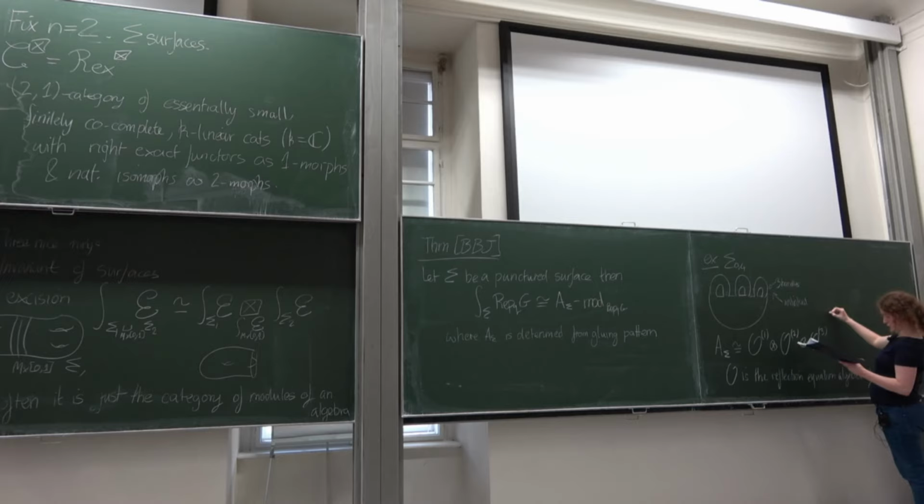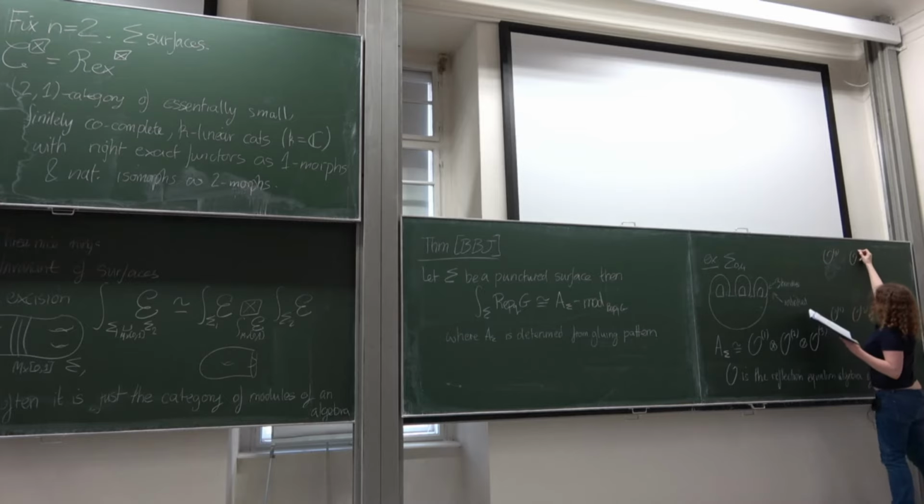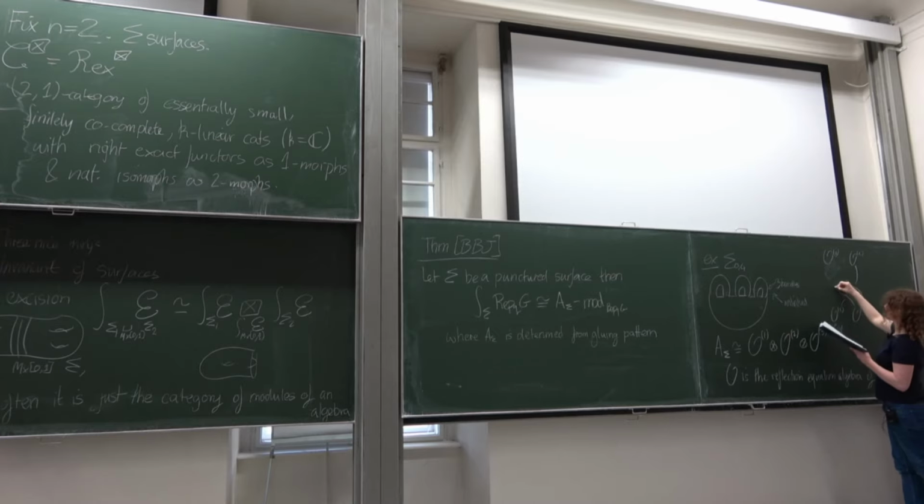So the crossing morphism between, say, is essentially, this lives in V tensor V, where V is the standard representation of this quantum group. And so you braid it, like this.